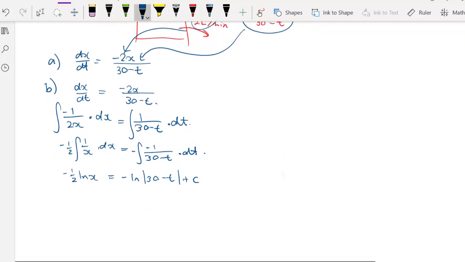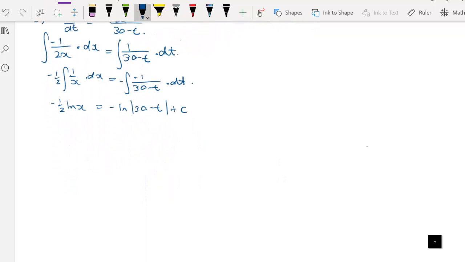And now we can look at isolating x. If we multiply both sides by -2, we now have ln x equal to 2 ln(30 - t) plus C. At this point, we probably want to find a value for C. When t is equal to 0, x is equal to its original amount, the total amount of chemical in there.